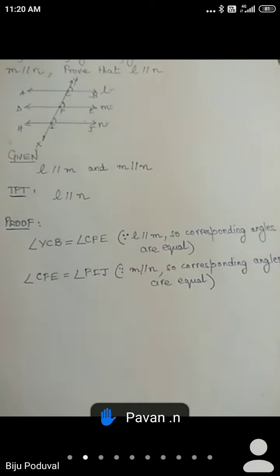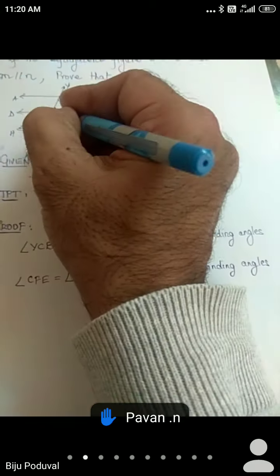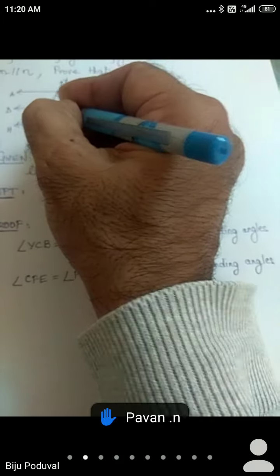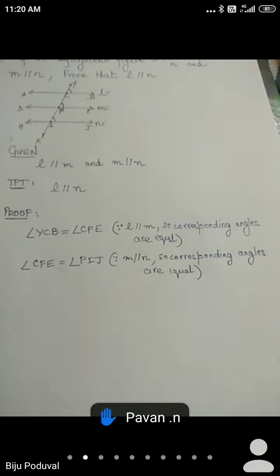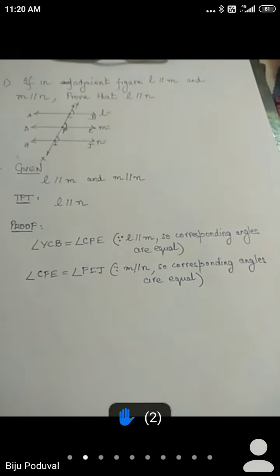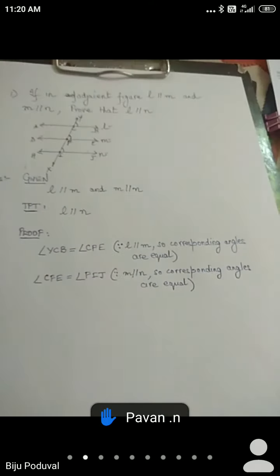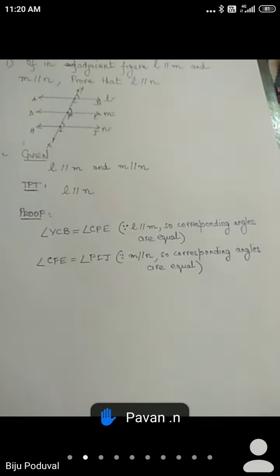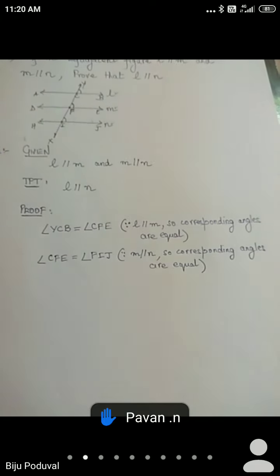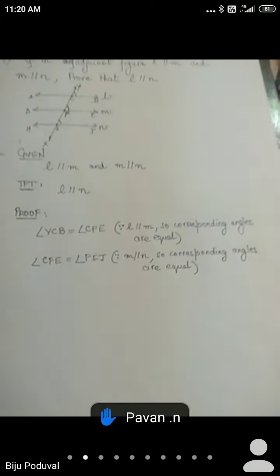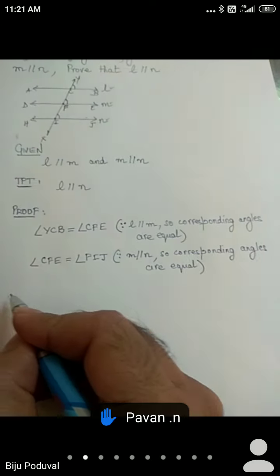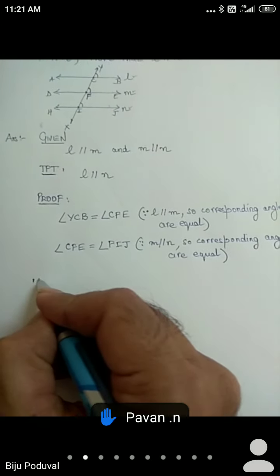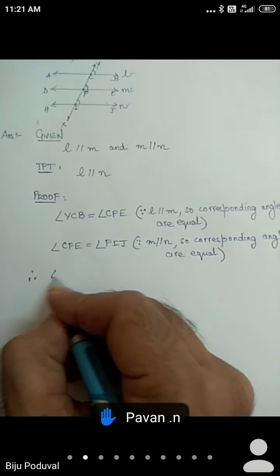Not P, child. It is F. Yeah. So now next step, Nandini. Correct, Subhashri. We need not cut. We can just say therefore angle... what do we have to prove?